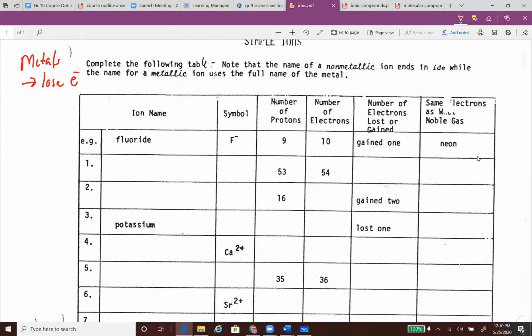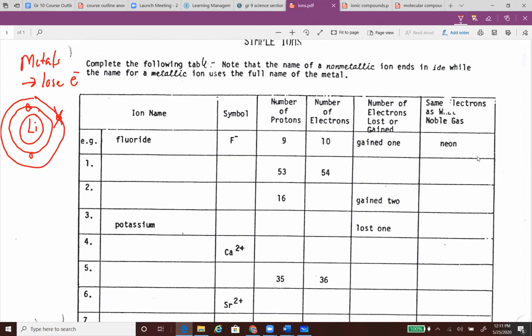Like, for instance, if you remember members in the first column, something like lithium. Lithium, if you recall, has 2 electrons in its first ring and then 1 more in its outer ring. And because it's almost empty, metals, in this case lithium, want to lose that 1 electron to make it stable.